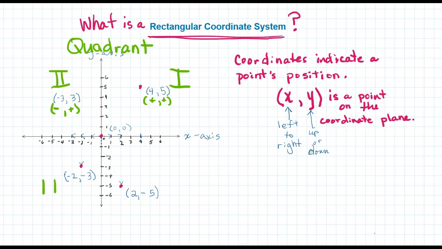So now we'll go to the third quadrant. What do you think the signs will be there? We're going to have coordinates that are both negative here. Okay, and finally, quadrant 4. This is where points are going to be positive and negative. So positive X and a negative Y. Okie doke. These are the quadrants of the rectangular coordinate system.